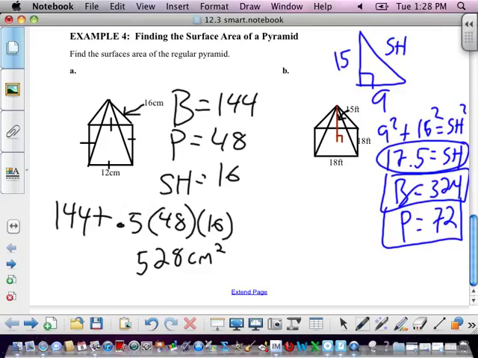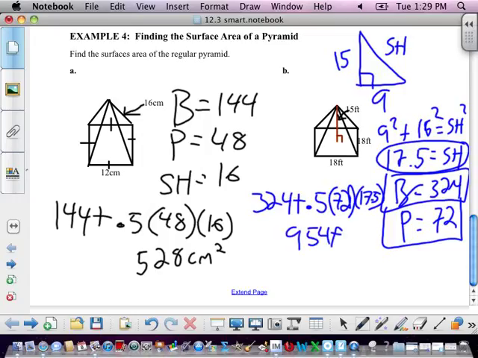So I take the area of the base plus 0.5 times the perimeter times slant height. So I get 324 plus 0.5 times 72 times 17.5. And I get my surface area is 954 feet squared.